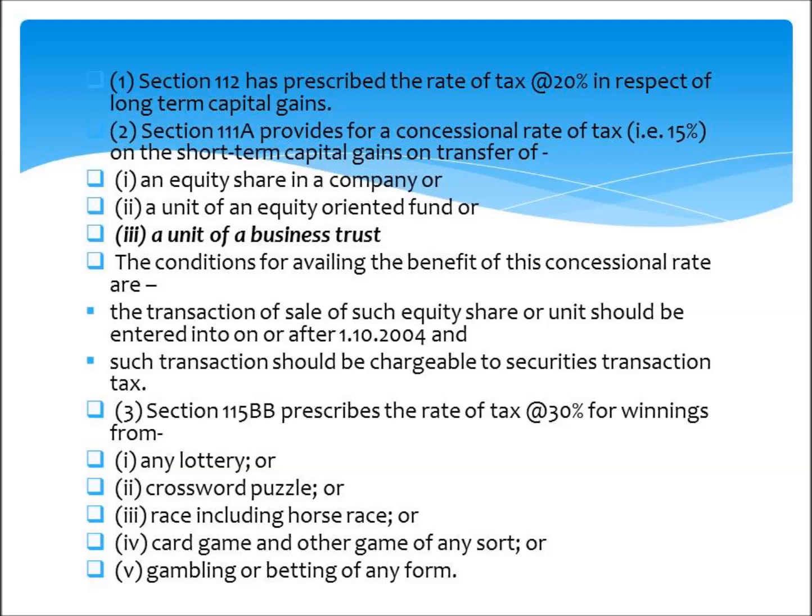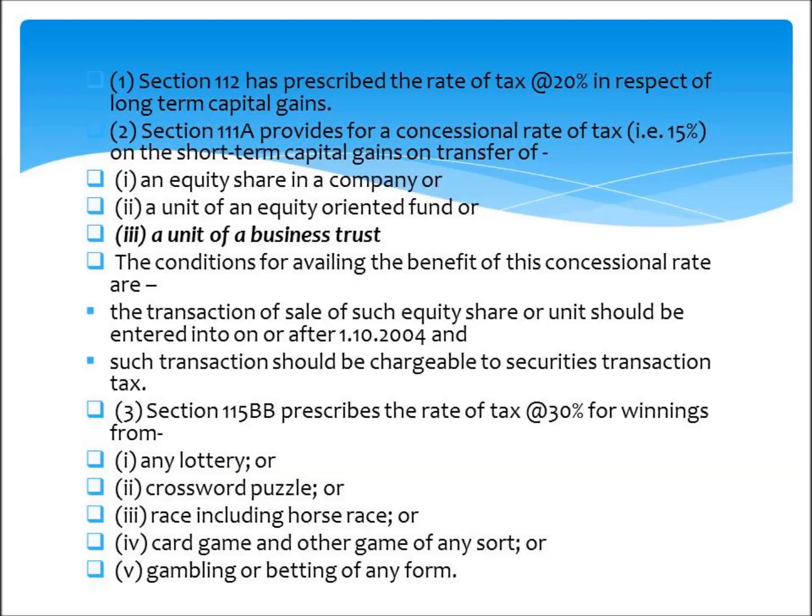As per section 111A, a concessional rate of tax at 15% is levied upon short-term capital gains on transfer of, number 1, an equity share in a company, or a unit of an equity-oriented fund, or a unit of a business trust.